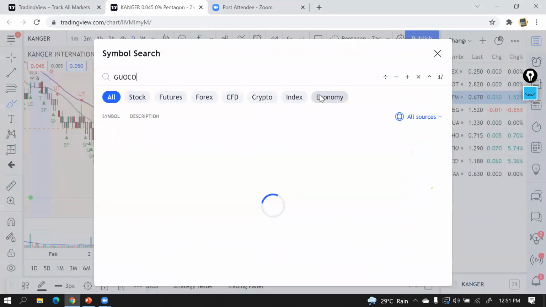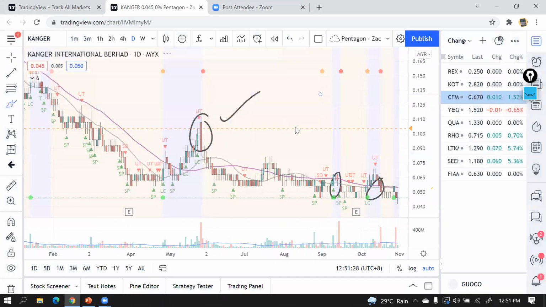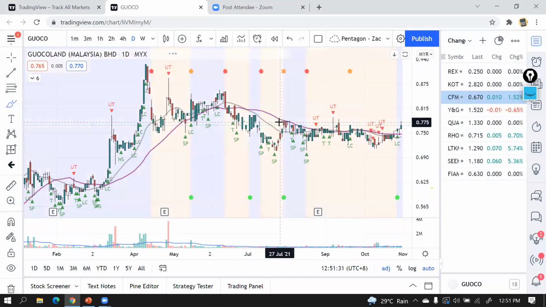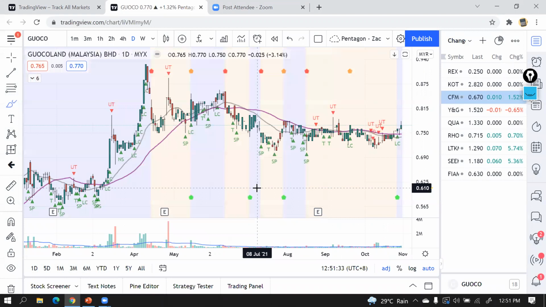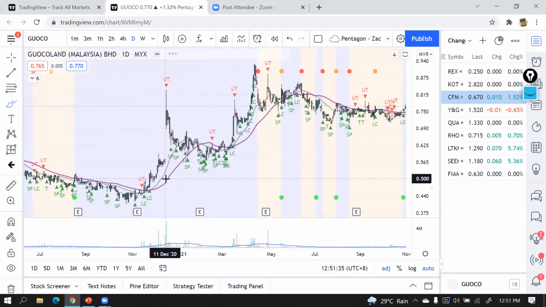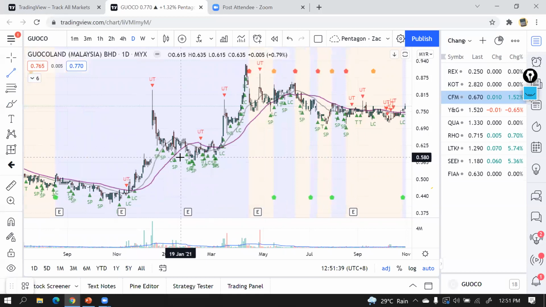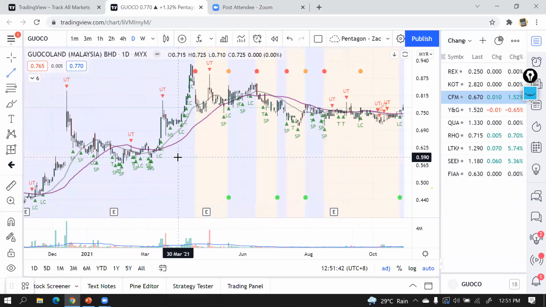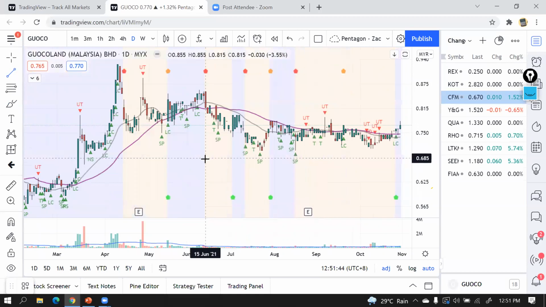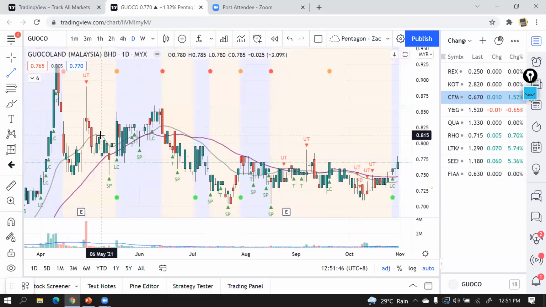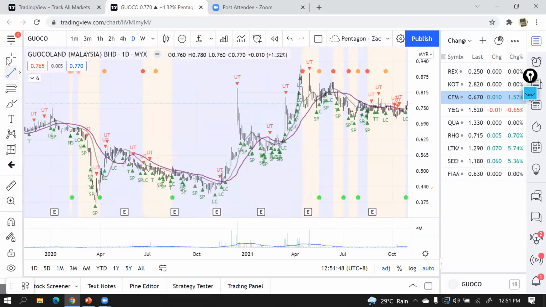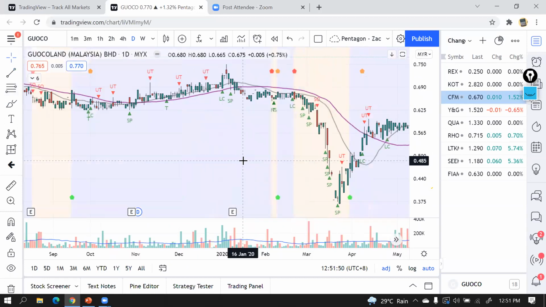Let's try Gold Colan. Last one before we close. Gold Colan is also one of them. This one looks like a reaccumulation. It's also a bit of COB, but it's not that obvious yet.